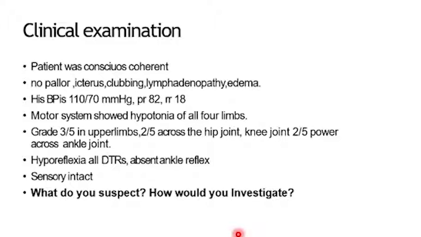So what do you suspect? So what's the clinical picture? Describe that first. So he has what looks like a peripheral neuropathy, ascending, purely motor.